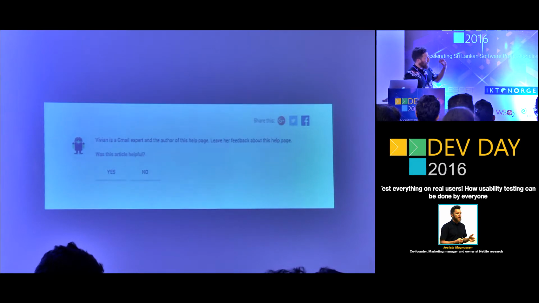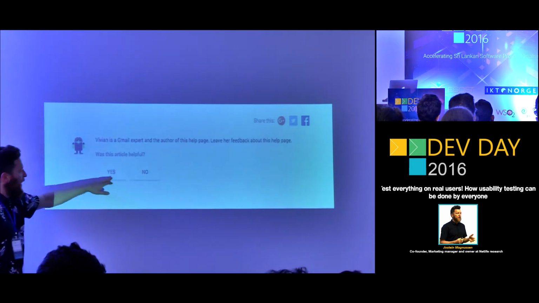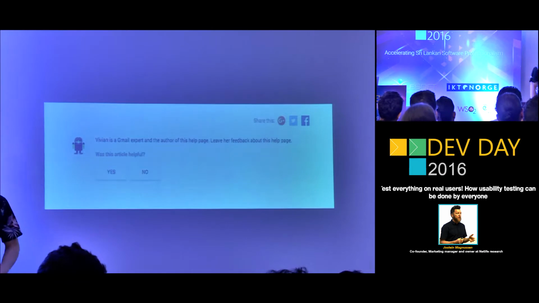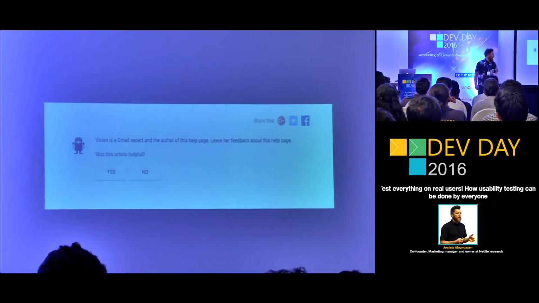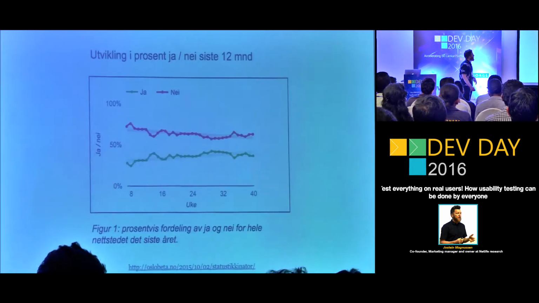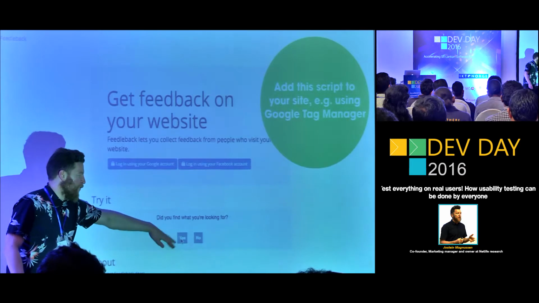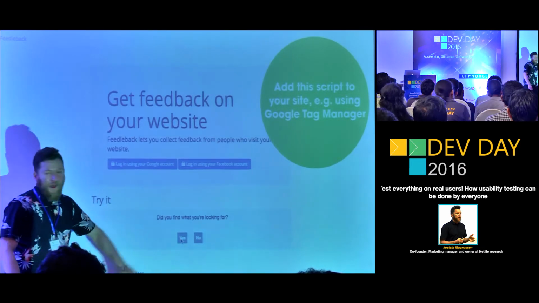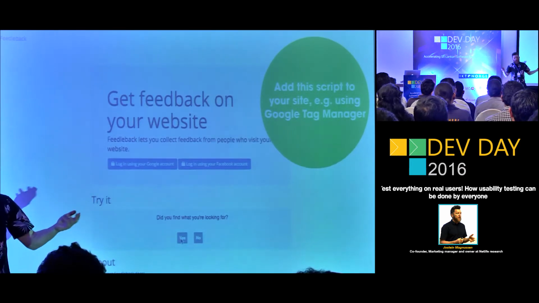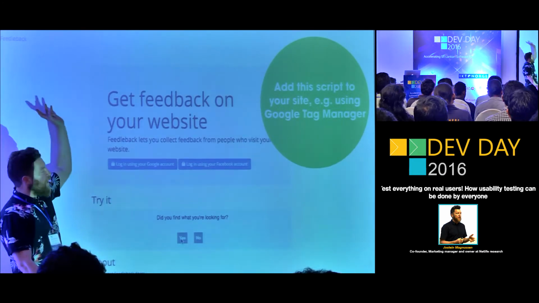But the first tool is this. You see this on several web pages: was this article helpful? Yes, no. One of my colleagues made a tool he called Feedback. This is free, and if you want to integrate a field like "did you find what you were looking for" on every page of a website, you could use his tool.